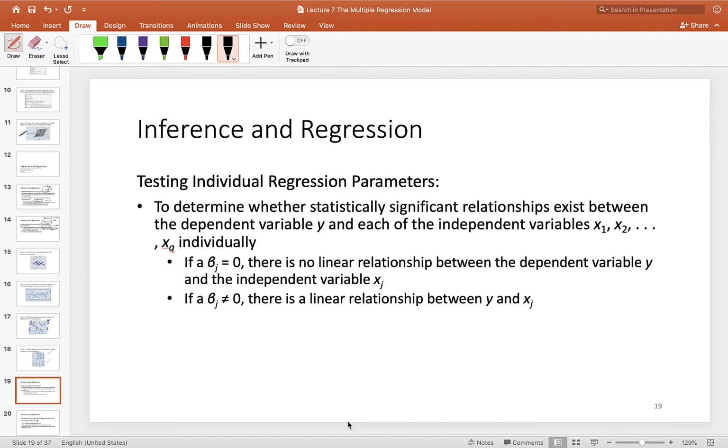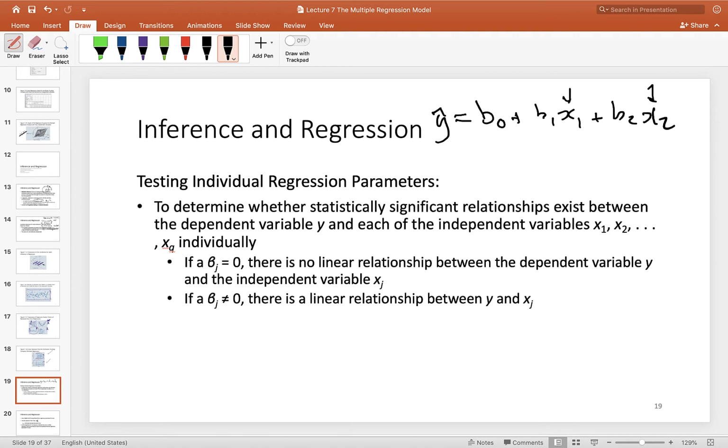The model we're looking at has the form b0 plus b1 x1 plus b2 x2. This is a multiple regression model because it has more than one independent variable x. It's got a couple of them. But we want it to be a multiple linear regression model.